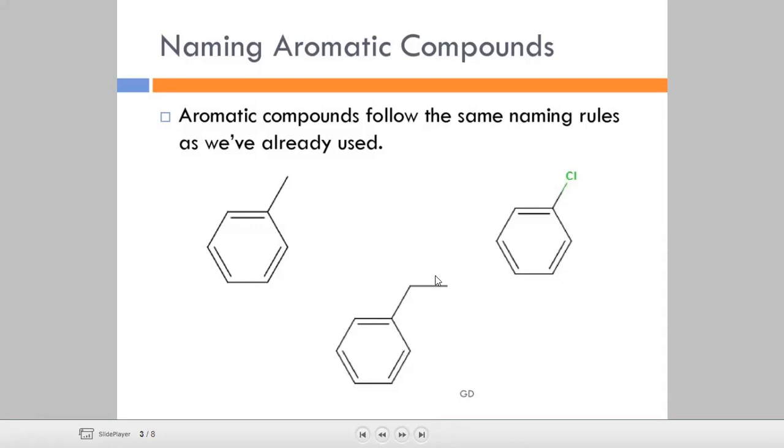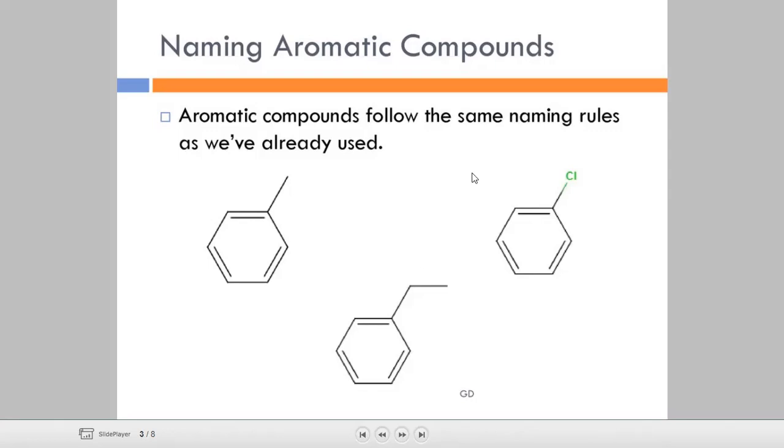What would you name this structure here? Hola. One ethyl. Keep going. 1, 3, 5 cyclotrihexene.